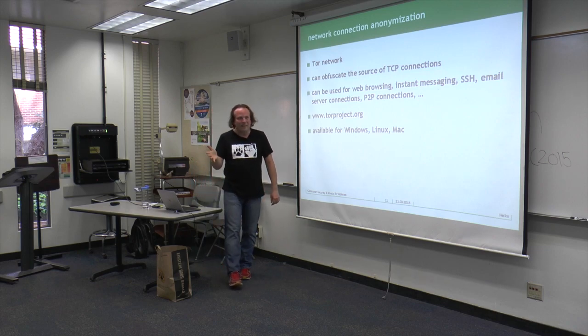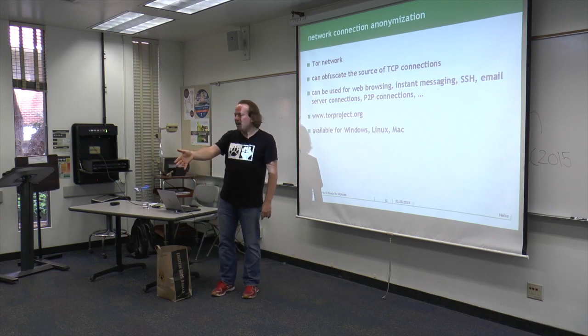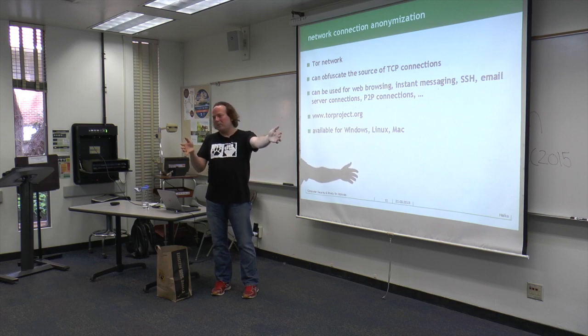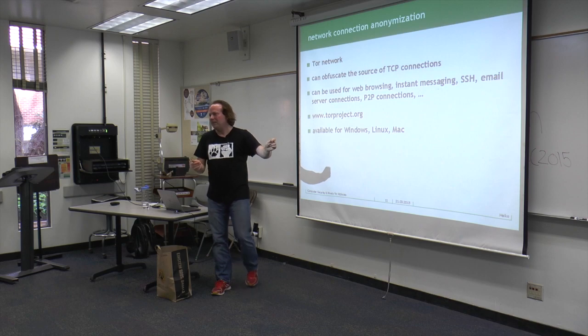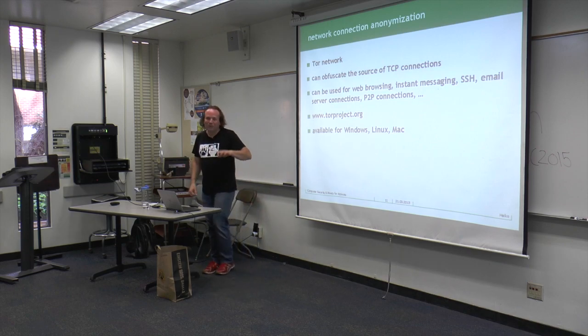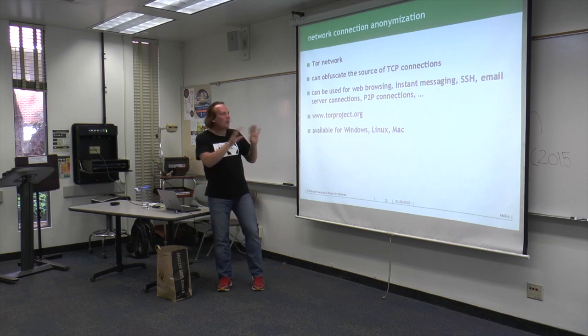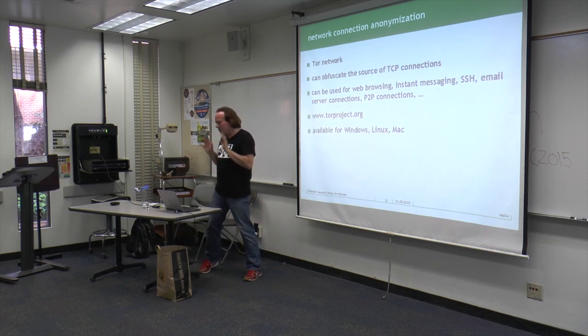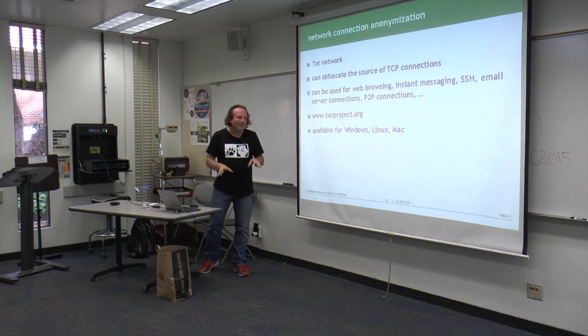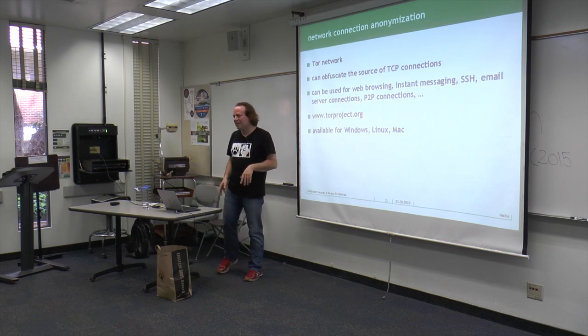So if they know something happened at a certain time, and out of the 20 that they're monitoring, only one person was active at that time, they might say, okay, it must have been him. I'm going to come to that also later. There's a lot of things you can do, but if you want to be really, really sure, the best is not to use computers and not use the internet.